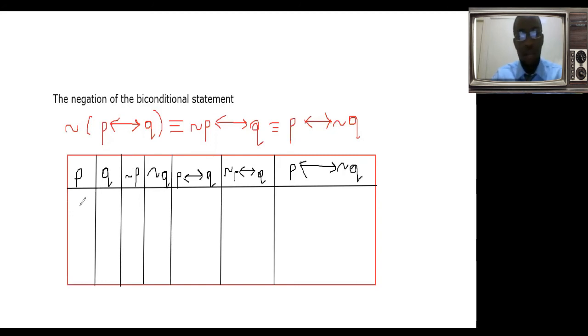So P is true, true, false, false. Then Q is true, false, true, false. We can write false, true, but I like to write true first, then false.